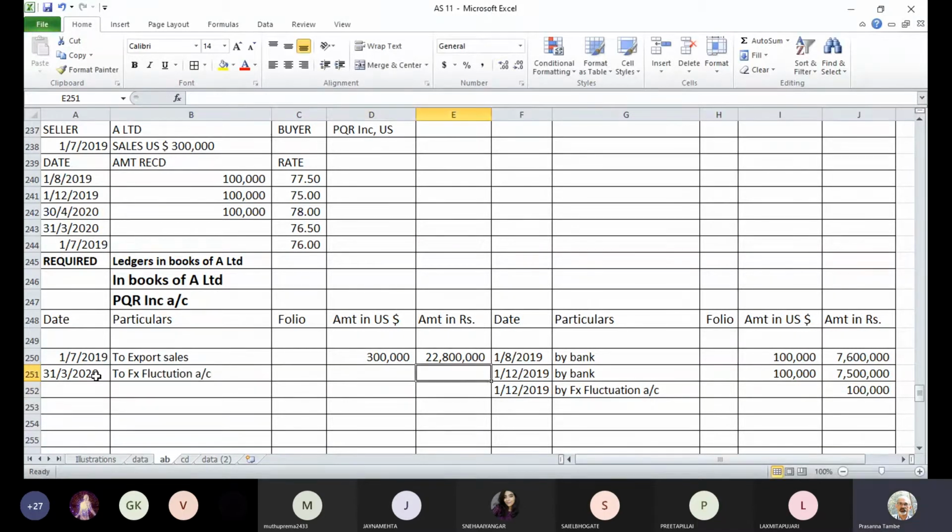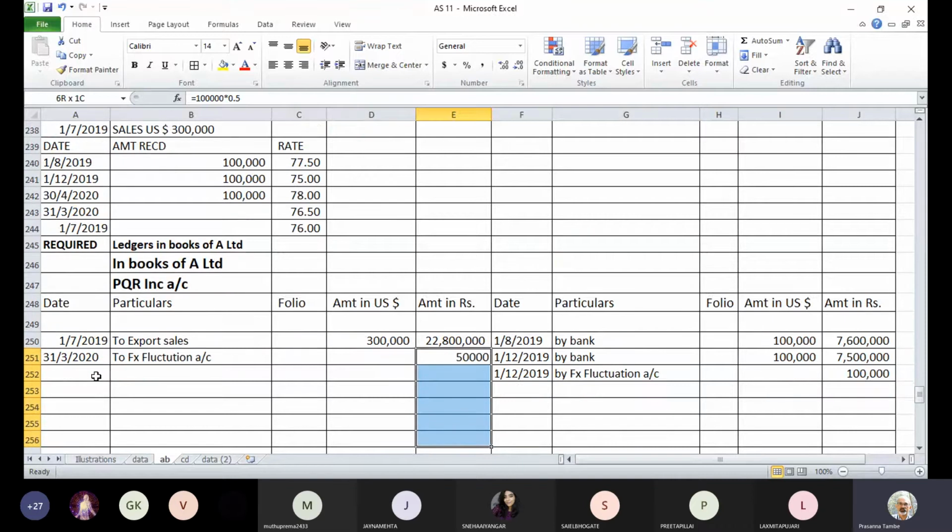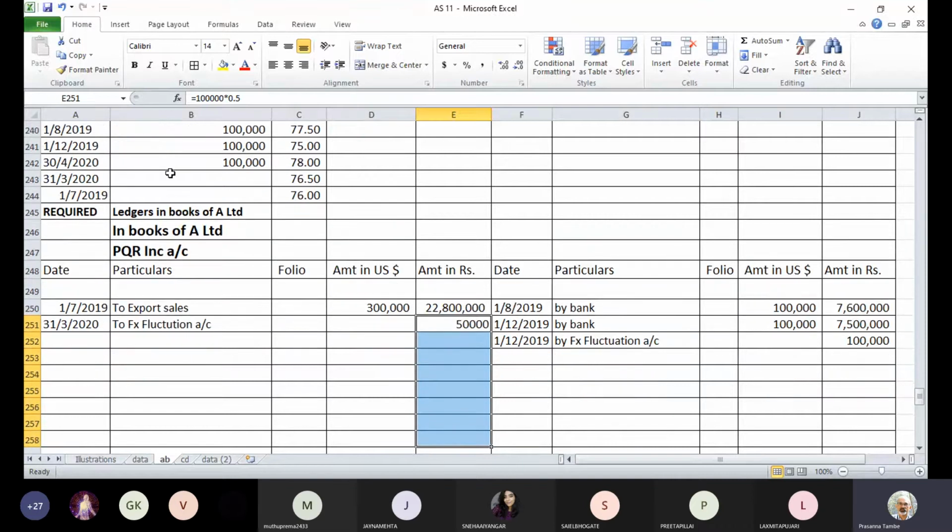How much will be the gain? $1 lakh outstanding amount into 0.5. So 50,000 is the gain that we will be accounting on this day. And this gain stands credited to FX fluctuation account.